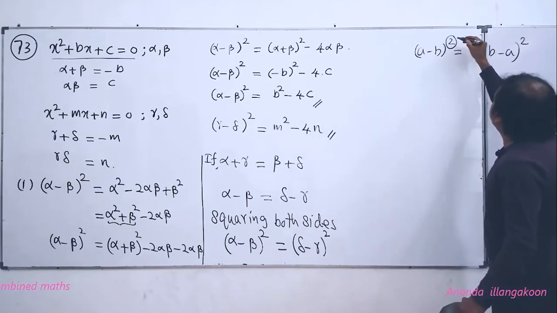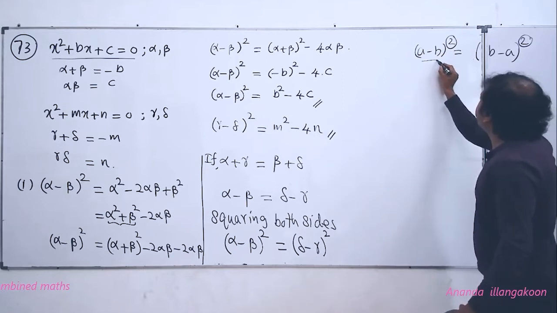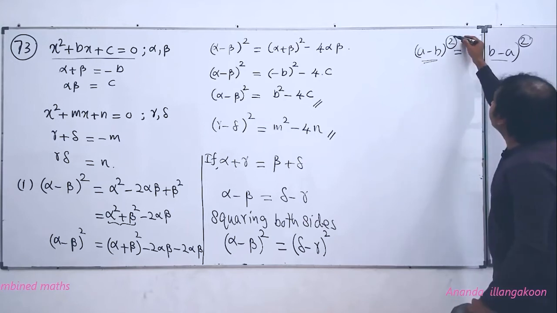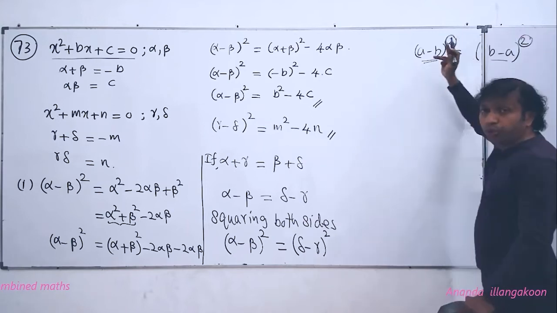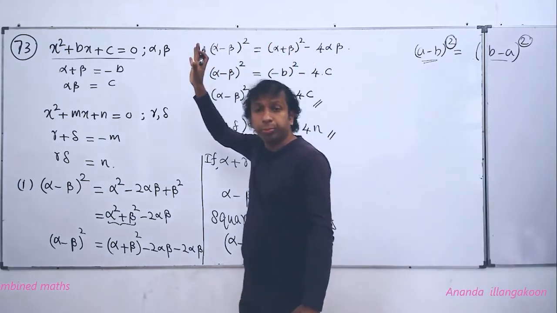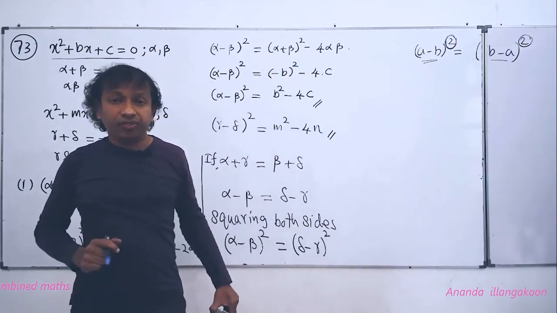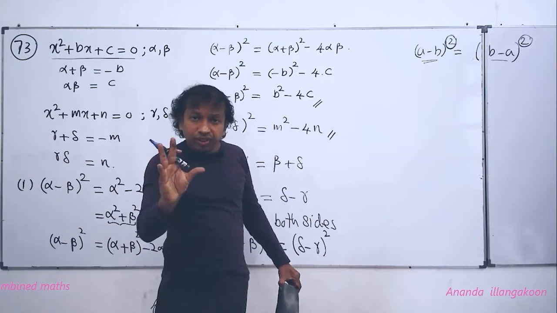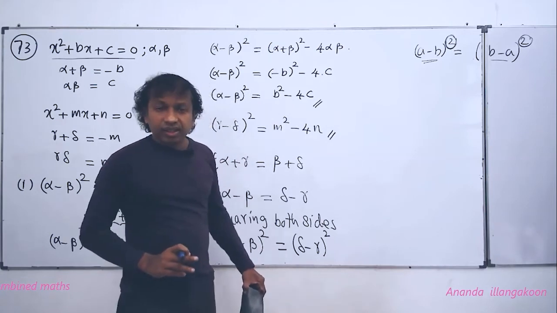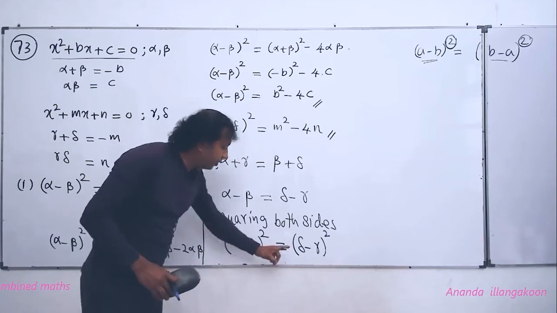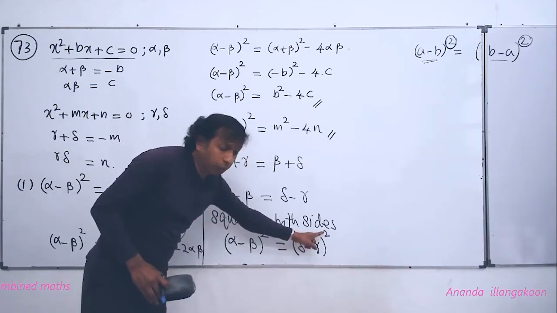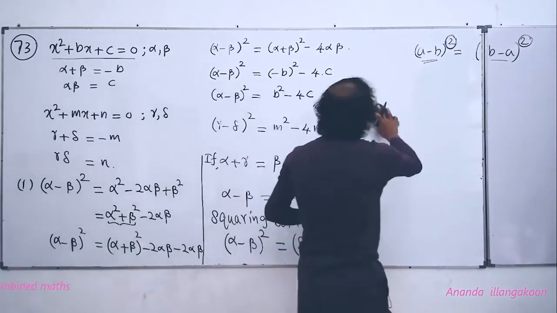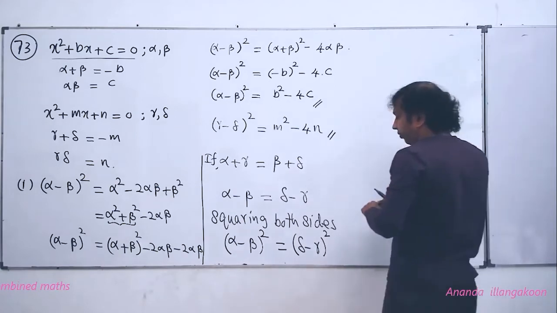When we have an even power, meaning 2, 4, 6, 8 and so on, the order of the difference of the terms inside the bracket can be interchanged and the answer won't change. Using that fact, since we have power 2, this delta minus gamma I can write as gamma minus delta.